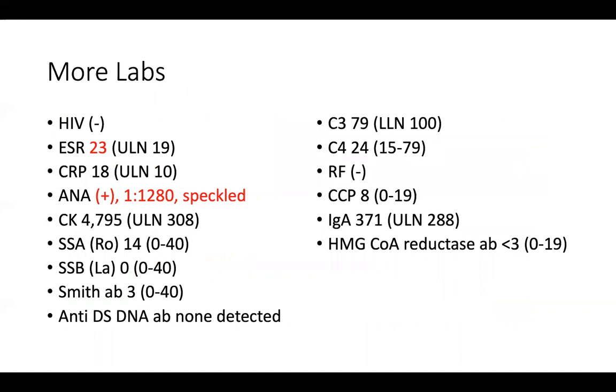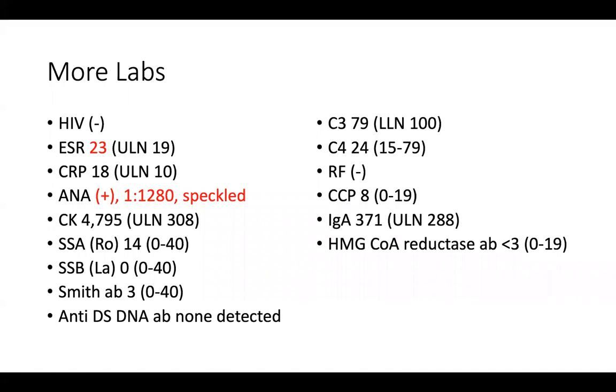The ANA was positive, and with that titer of 1 to 1280, is that really positive or not very positive? Yeah, it's very positive. I always have to take a second and remind myself that that's the dilution.